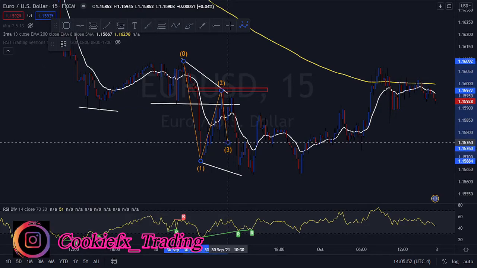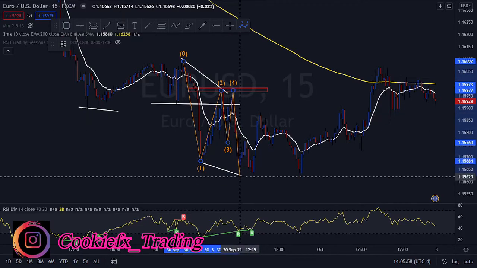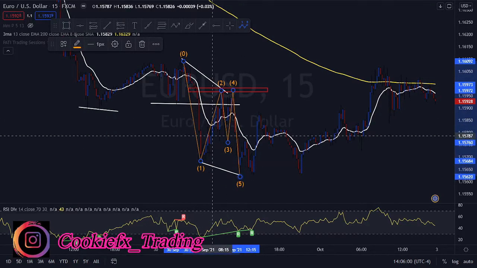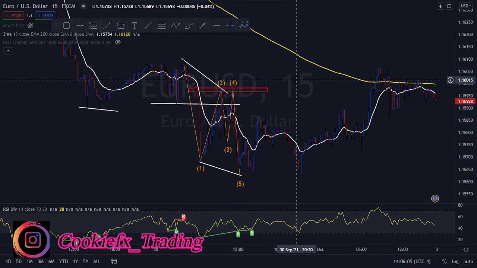In this case, it's a W, like a messed up W. Then you have 3, then there's a double top, which is 4, and then 5 is, well, I'm sorry, it's an M. So 2 and 4 are a double top.